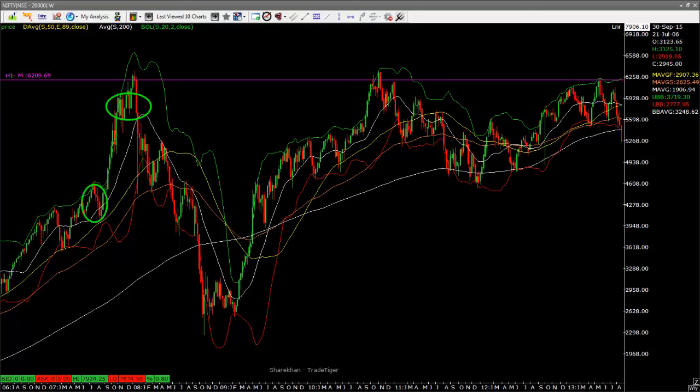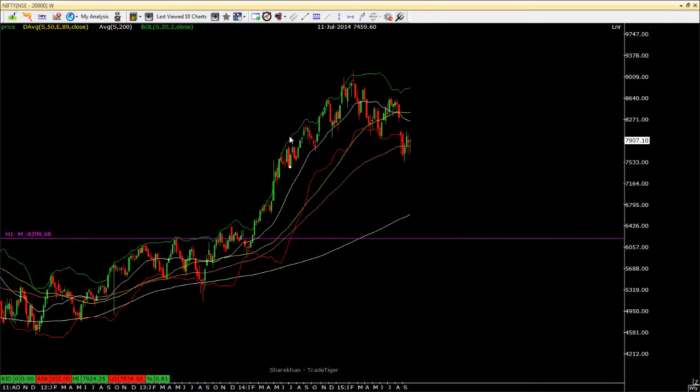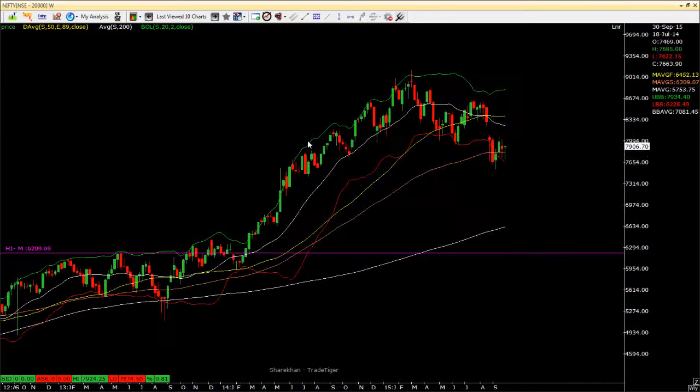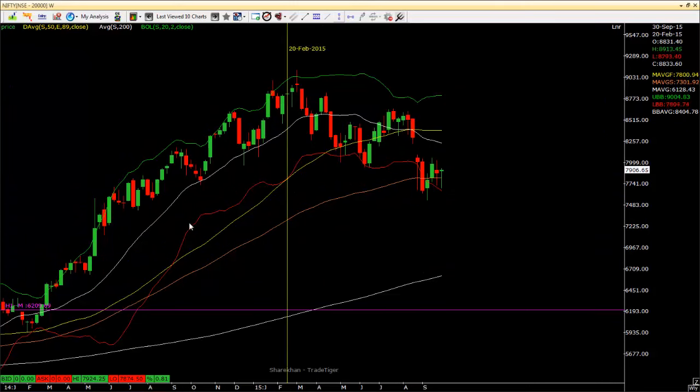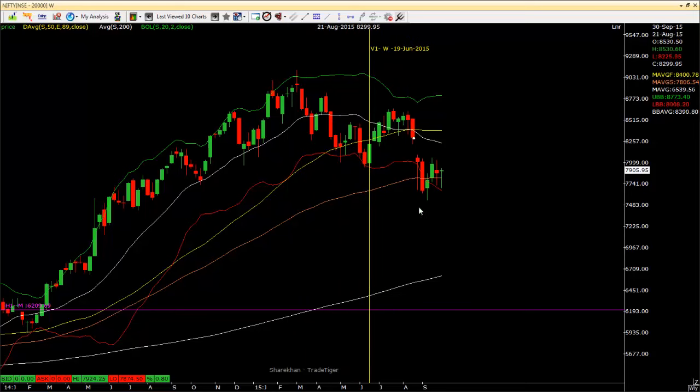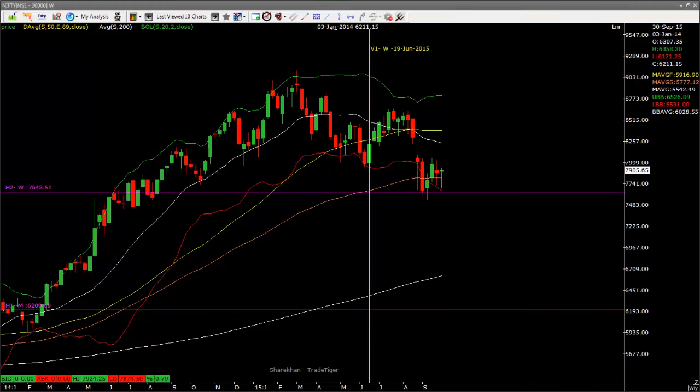Same thing happening right now. If we look, this is better. So let's get 2014, 15. So June, July. So basically we kind of rallied out here, but then we fell, and now it's sideways movement. So my analysis is that keep this as your strong support area.